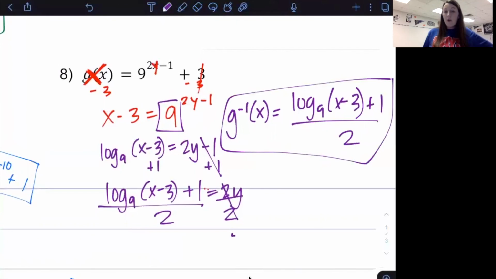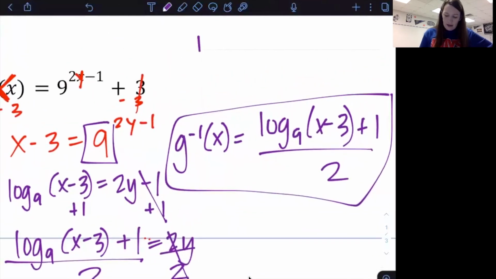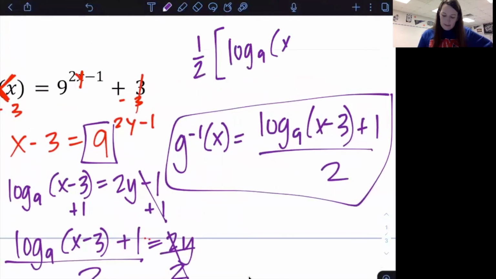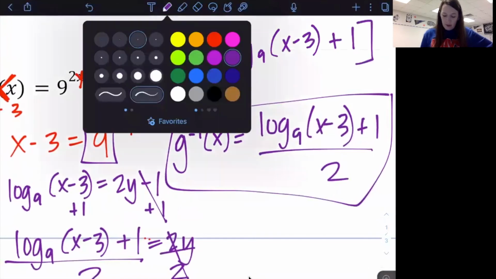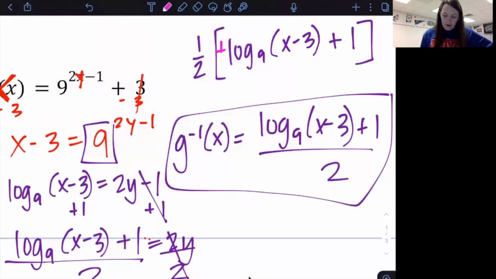Okay, if you put a 1/2 out in front, that's fine, as long as you include log base 9 of x minus 3 plus 1 in parentheses. You couldn't just put your 1/2 here in front of your log, because that would not apply to the plus 1. And we brought the plus 1 over before we divided by 2, before we found 1/2.